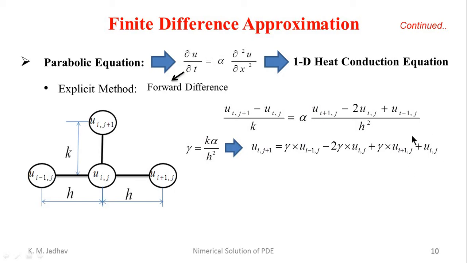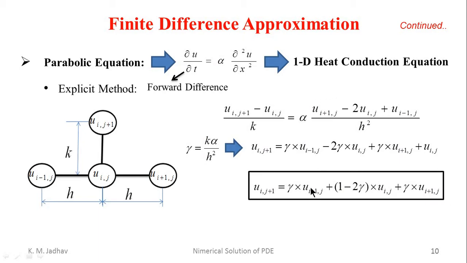So here we can take this u_i,j common. If we simplify, then we will get u_i,j+1 is equal to gamma into u_i−1,j plus (1 − 2 gamma) into u_i,j plus gamma into u_i+1,j. So this is the formula for the one-dimensional heat conduction equation.